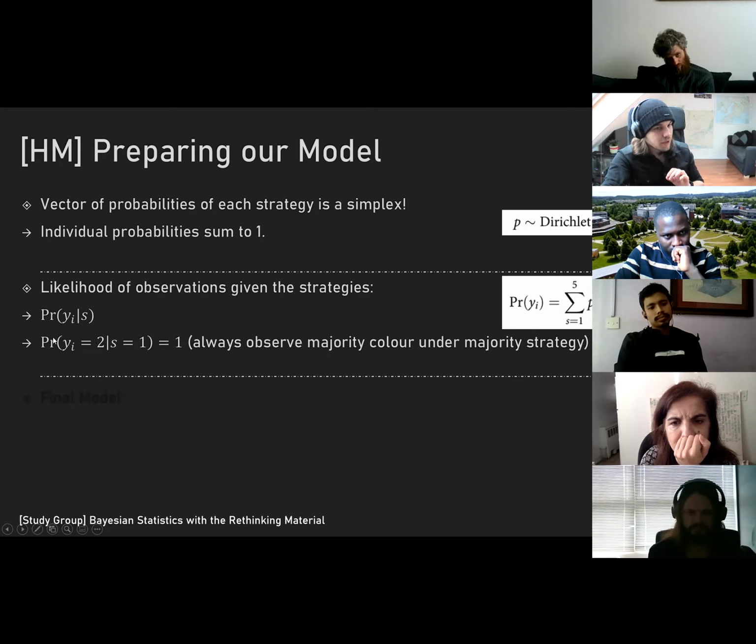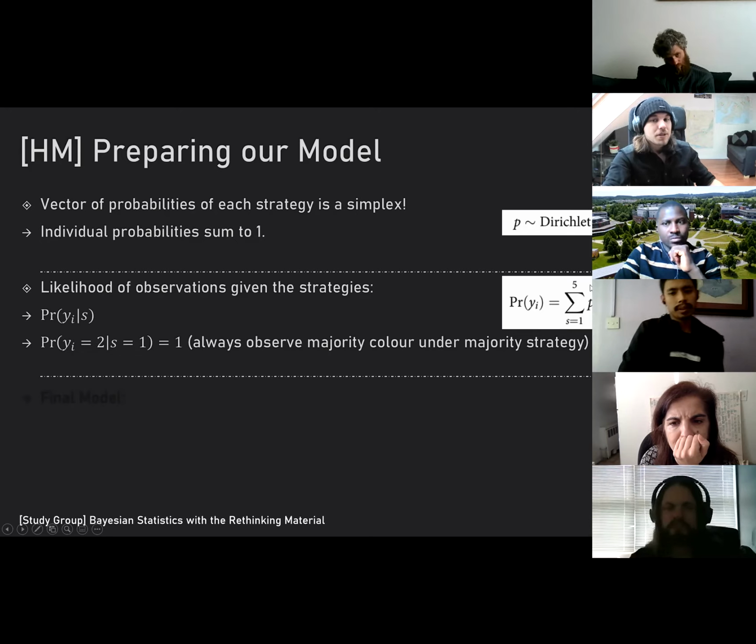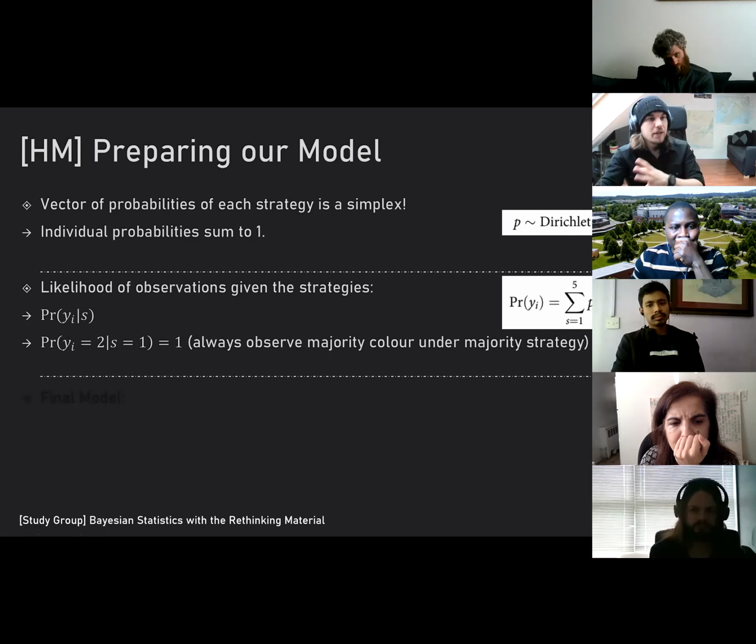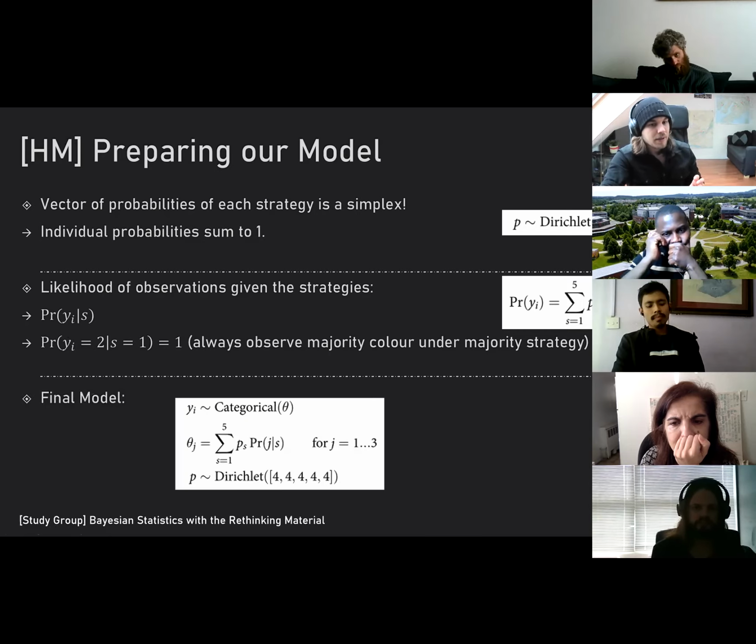That's just how to read this part, which will prepare us for the next slide. We then sum all of these together to get an understanding for each observation of where the observation could have originated from in terms of strategy land. The final model then just ends up looking like this, where we put everything together.